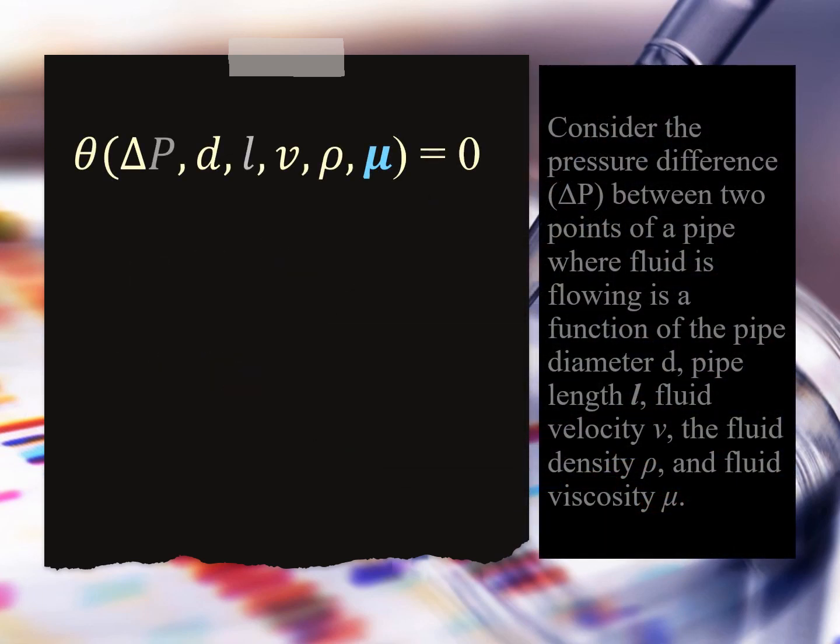For group 3, mu has a dimension of M L raised to negative 1, T raised to negative 1. To make it dimensionless, we simply divide it by its dimension.